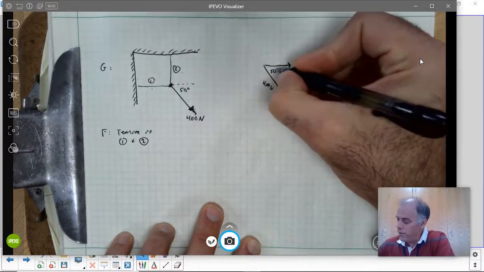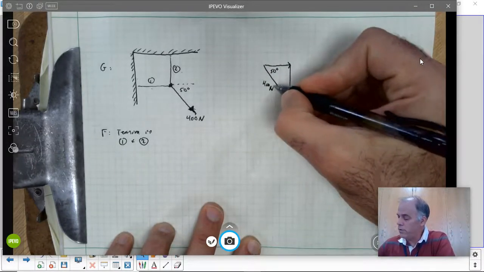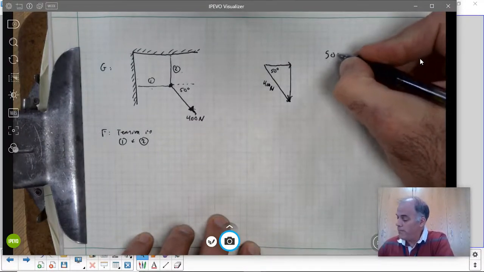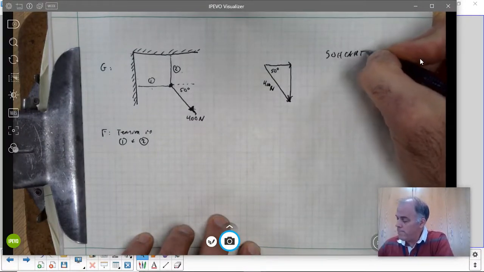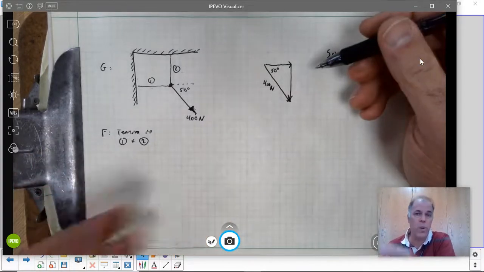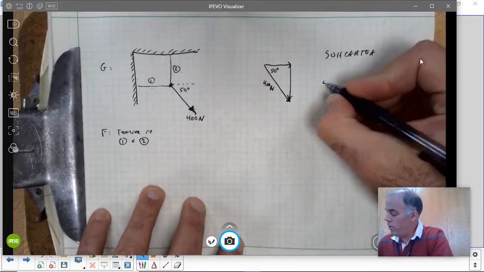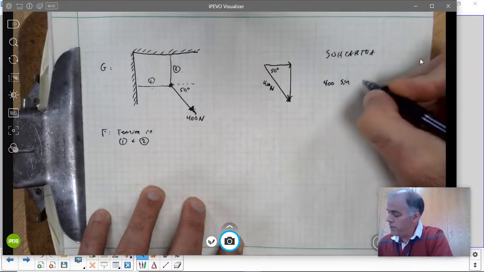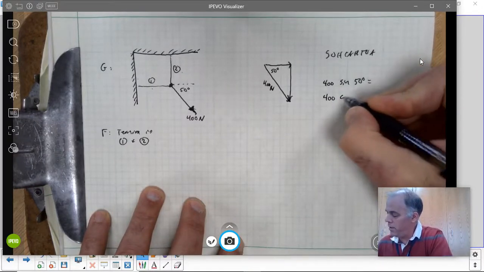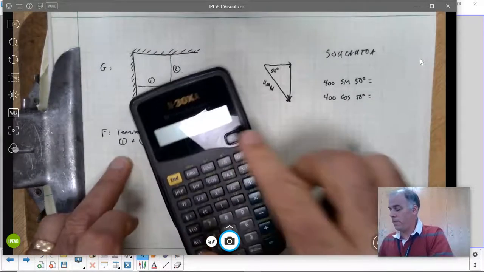And this is 50 degrees because that was given. So now we can just use our SOHCAHTOA to figure out these two components. This is just like we were doing with the weights on the slope before. Mathematically, it's the same. So 400 sine 50 degrees equals something, and 400 cosine 50 degrees equals something.